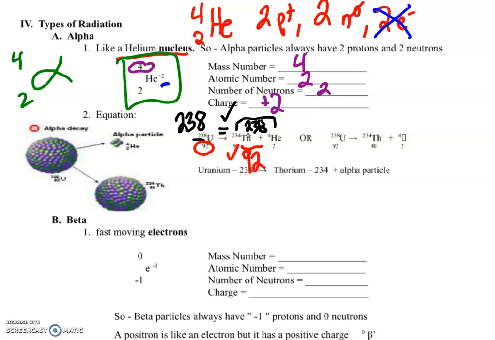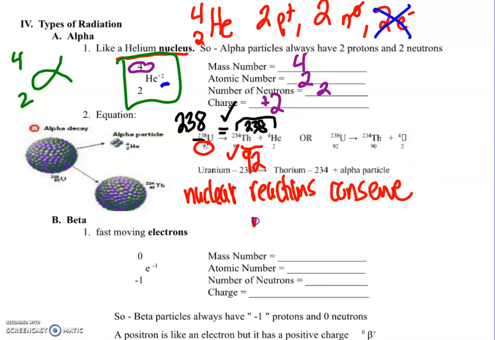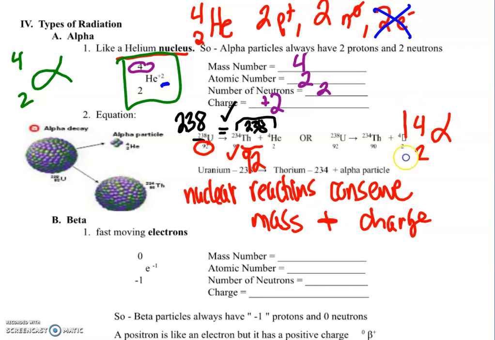So in these nuclear reactions, make a note here, nuclear reactions conserve mass and charge. That's something new we haven't seen before. We're conserving charge. The symbol that might not have printed on your notes here, that is 4,2 alpha. That's a similar way. You can either write it like this, or you can write it with that helium symbol.